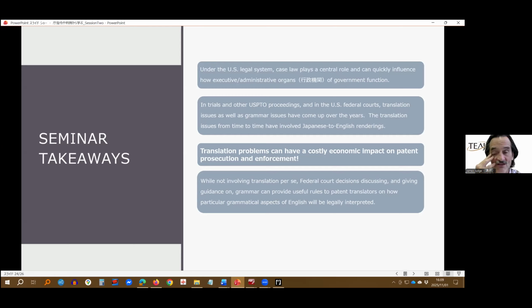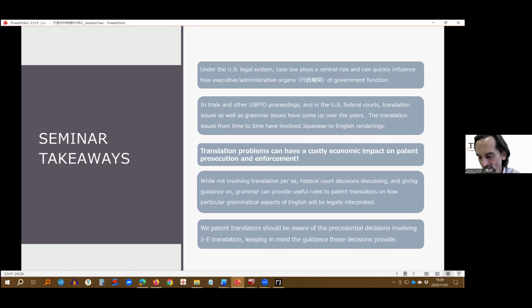I hope you understand from the appeal board decisions I looked at that it's very difficult for us as translators to avoid means-plus-function interpretation without going beyond the language of the claim itself. But if you have ideas about that and you want to suggest them to your client, you might wish to do so, because most applicants in Japan want to avoid means-plus-function interpretation, in my experience.